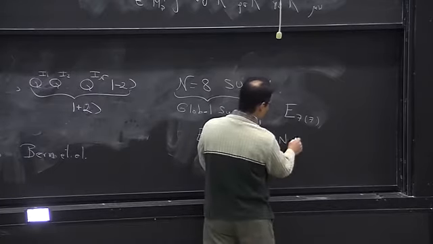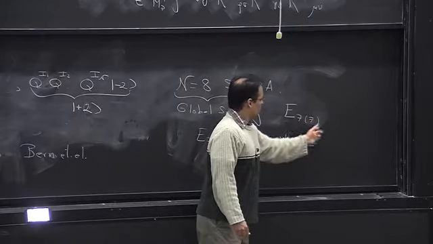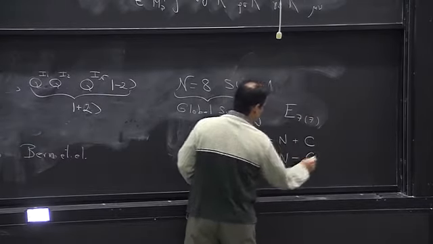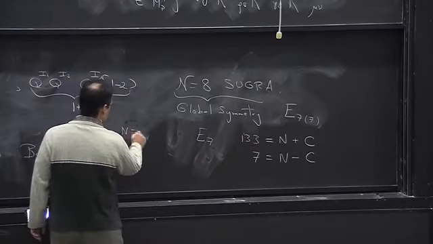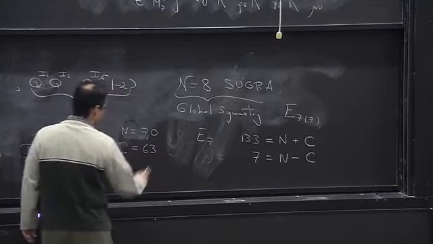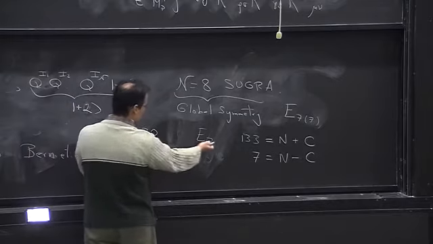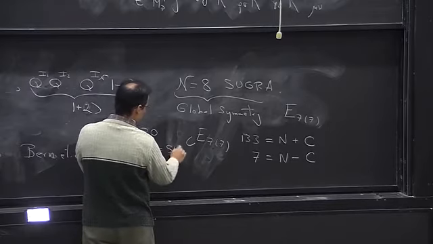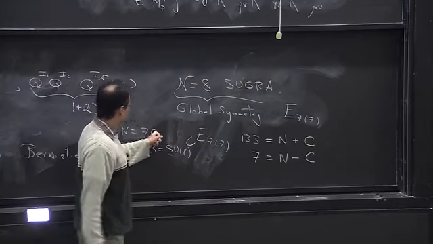So you can always make a choice and say that the number of generators splits itself into the number of non-compact generators plus the number of compact generators. And the number that people usually write here, in this case 7, is the difference between the two. So in this case, it means that N is 70 and C is 63. What does this mean? Well, this E7(7) has a compact subalgebra, which is SU(8), and it has 70 non-compact generators.